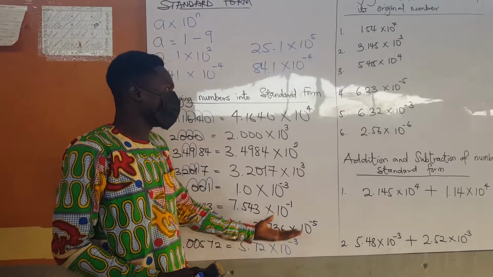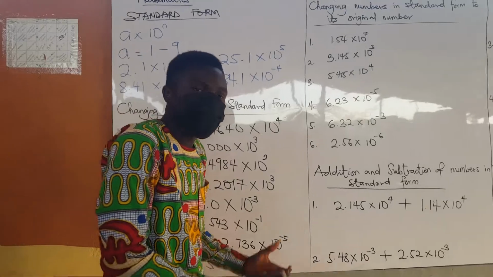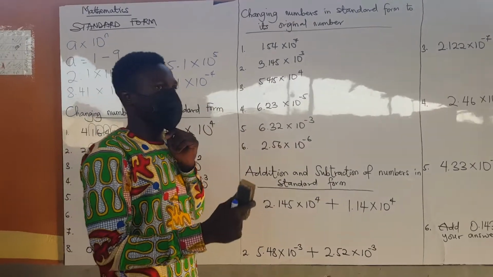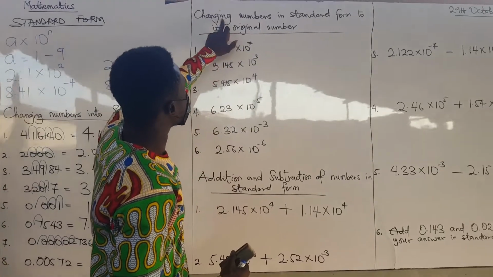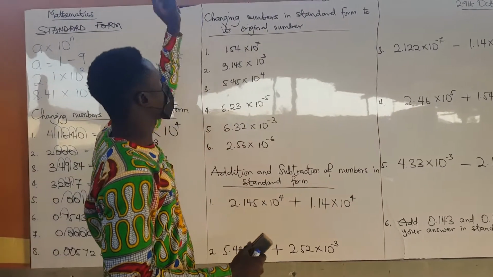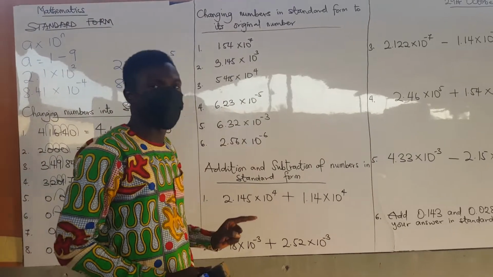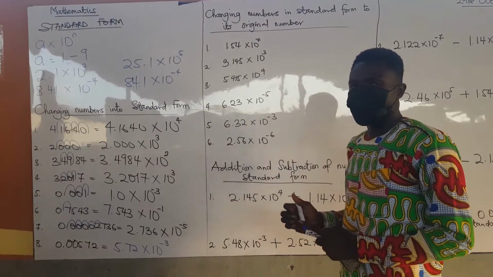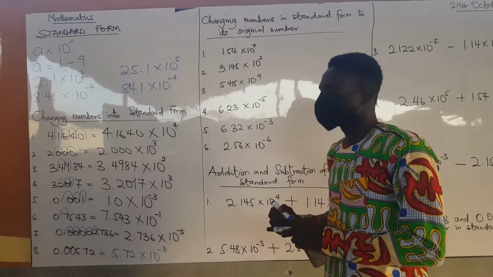Now let's look at the opposite of this, where we change a number in standard form into its original number. So, changing numbers in standard form to the original number. Now when it comes to this one, there is a slight change.